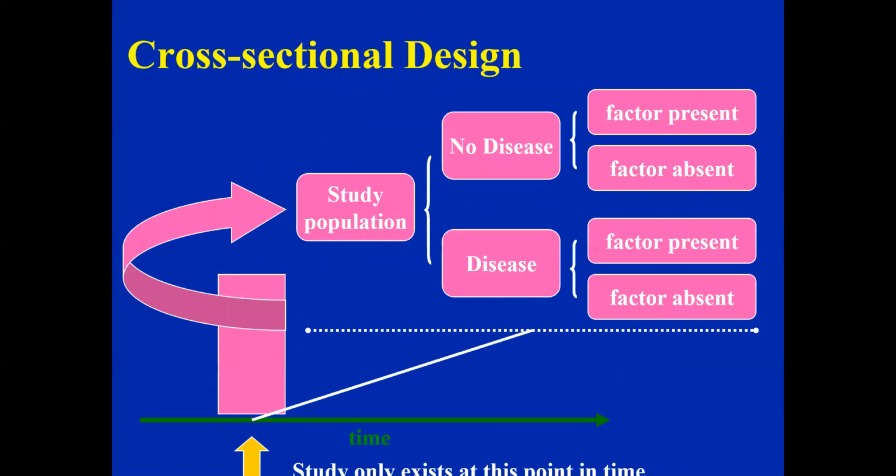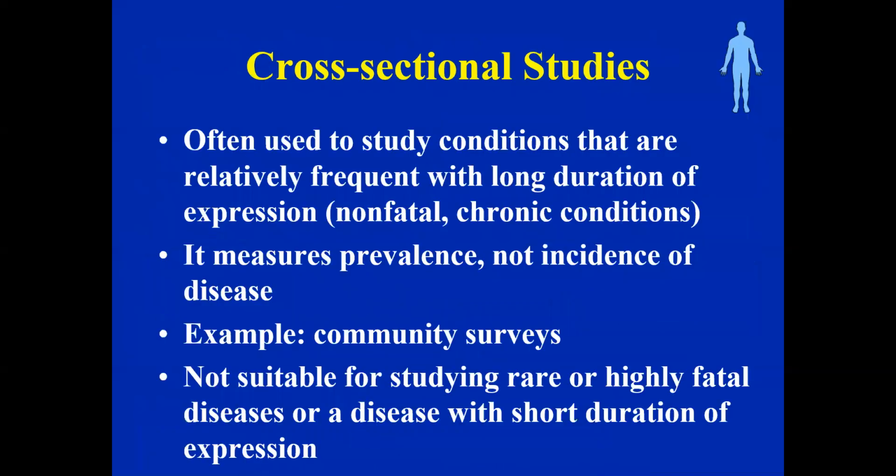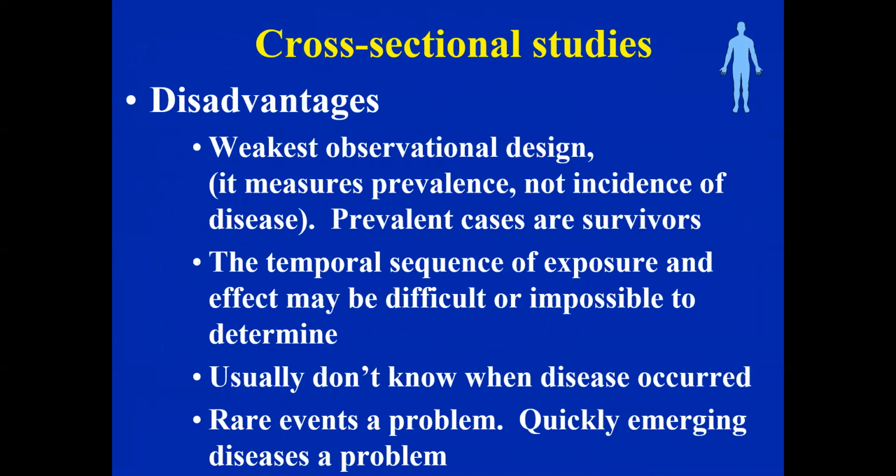Then we discussed that a cross-sectional study is a snapshot. You are doing your study at a time point, and you are studying the presence of outcome and exposure at the same time. And we realized these are some of the advantages, and these are the disadvantages of cross-sectional studies.